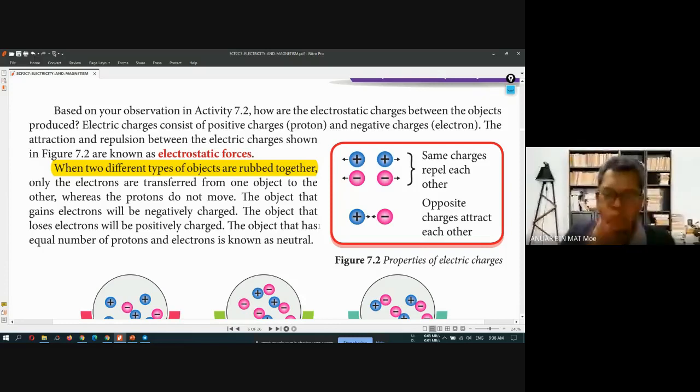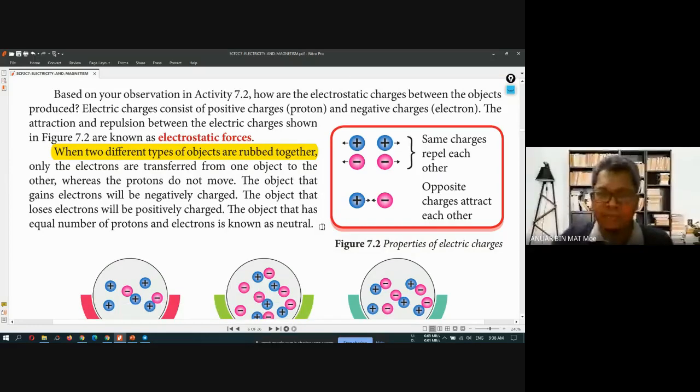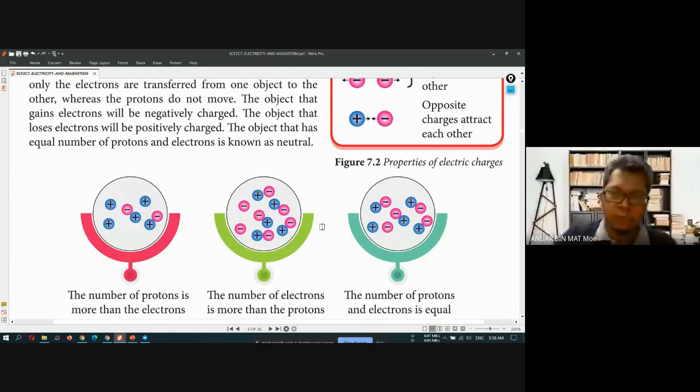When there is friction, the charges will transfer from one object to another. One of the objects will become negatively charged and one of the objects will be positively charged.